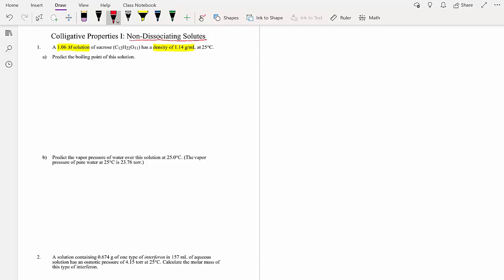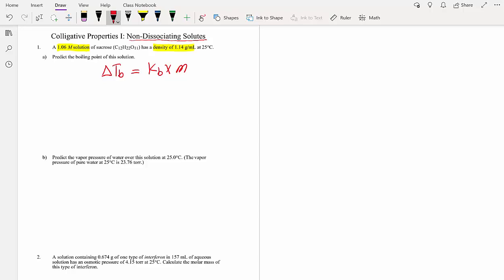The very first thing to note is that we always have an elevation in the boiling point of a solution relative to the pure solvent. And the equation for finding the elevation in the boiling point is change in the boiling point is equal to the boiling point elevation constant Kb multiplied by the molality of the solution.